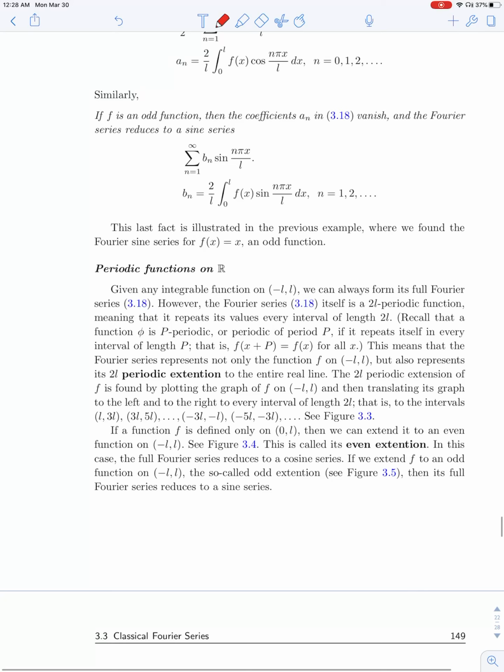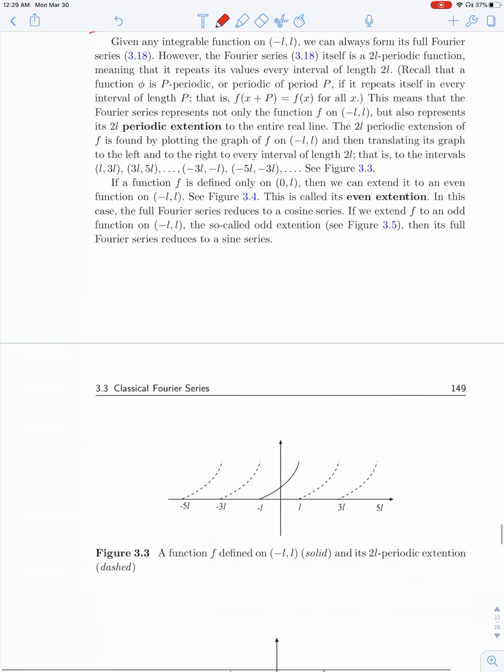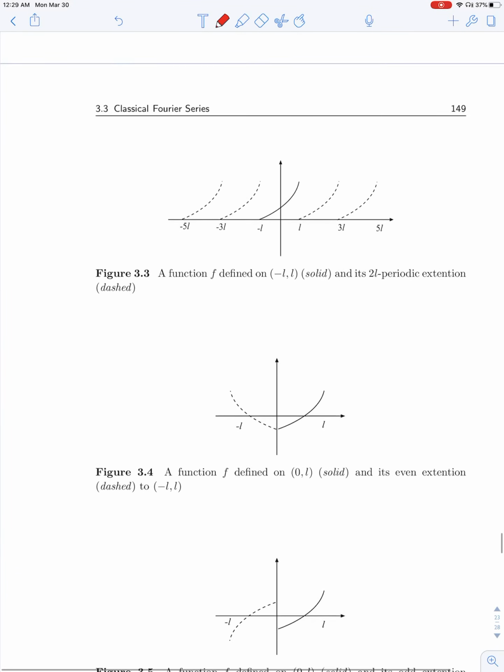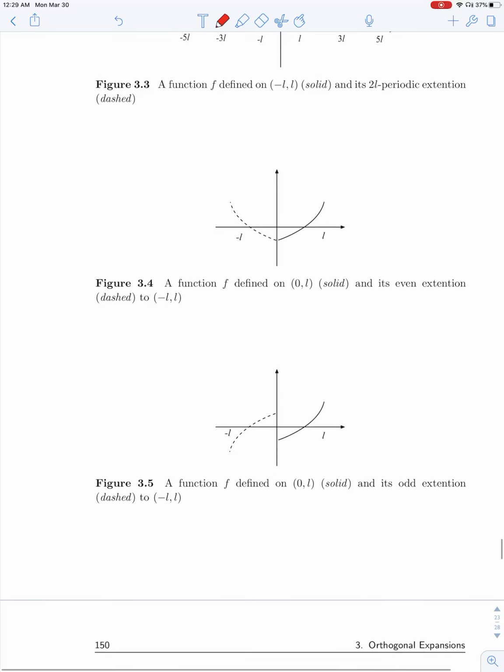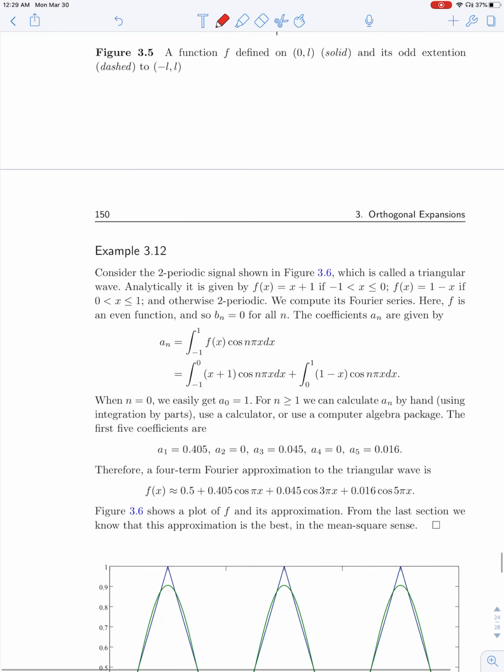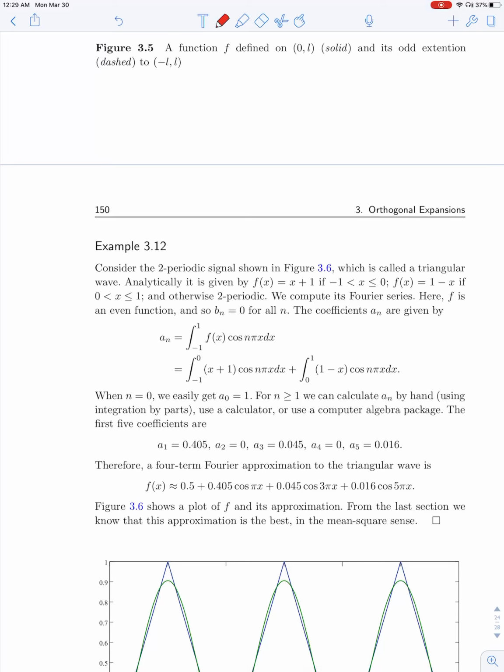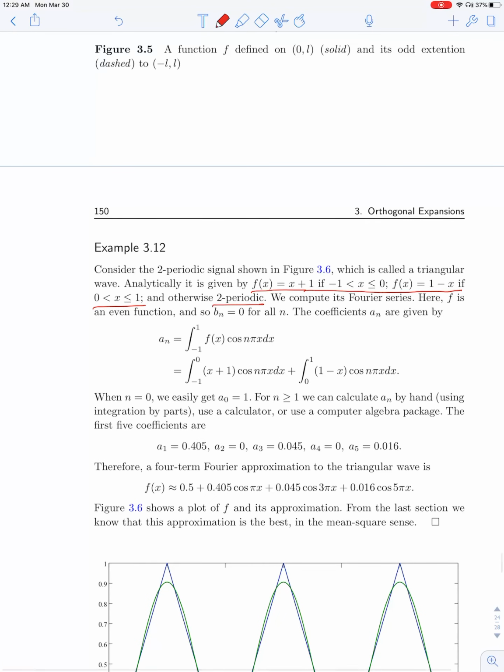In this small subsection, we are talking about periodic functions, functions you can expand as periodic functions. And in this example, you are going to expand this function given by these formulas as a 2-periodic function, that means a period of 2, using the Fourier series.